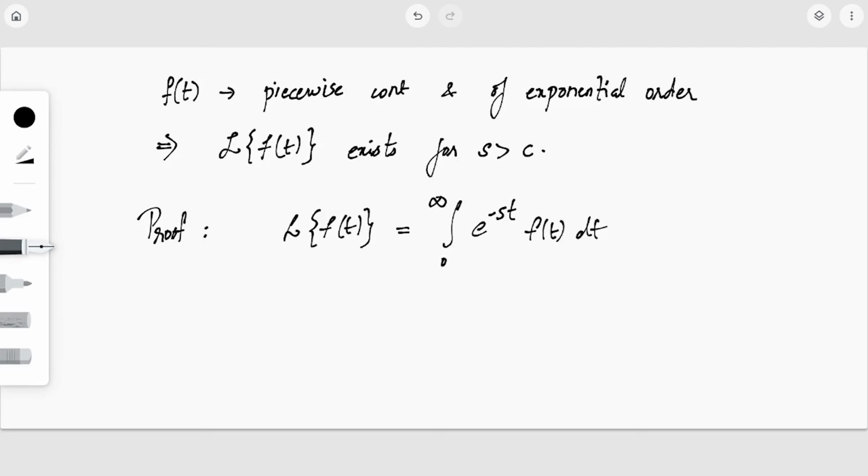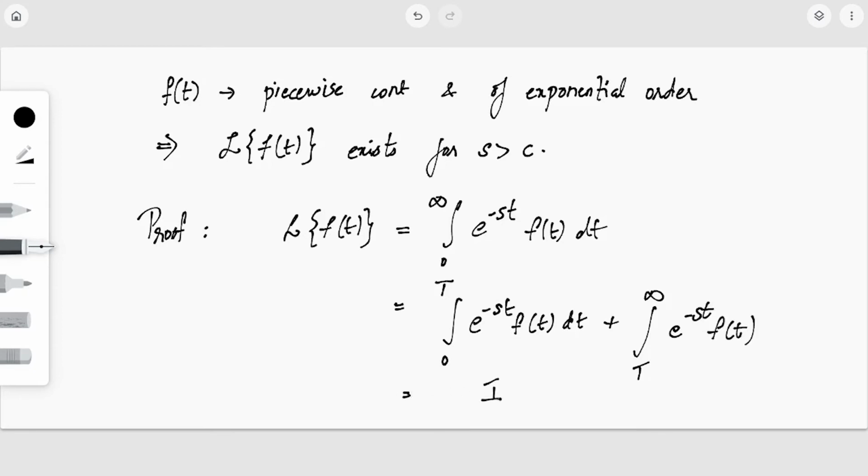Okay, now I can write this as the integral 0 to t e raised to minus st into f of t dt plus the integral from t to infinity e raised to minus st into f of t. So I am naming this as I1 plus I2, that is, I am choosing any point t between the interval 0 and infinity and just splitting the integral.